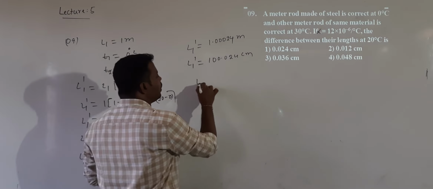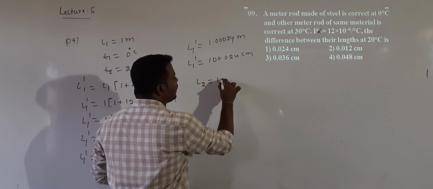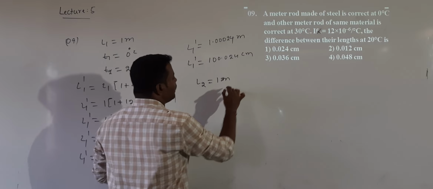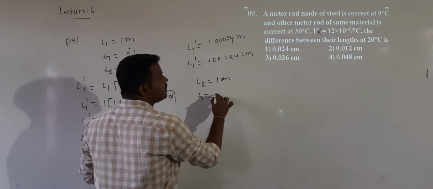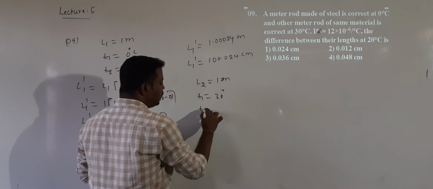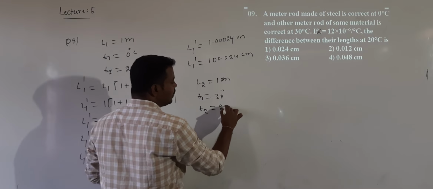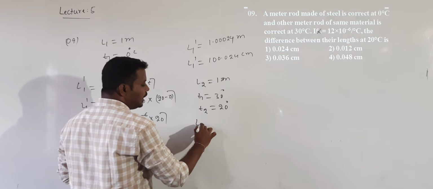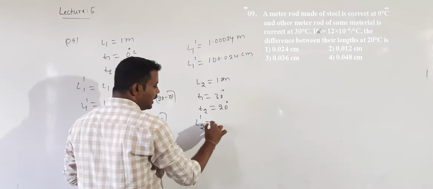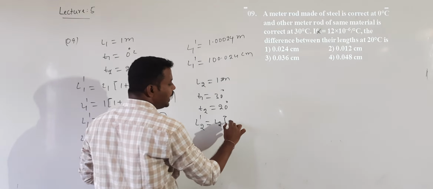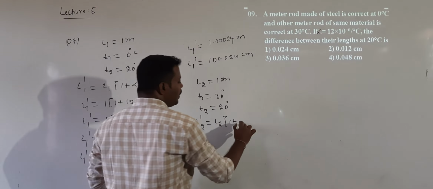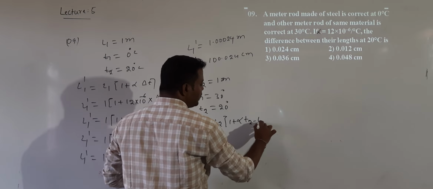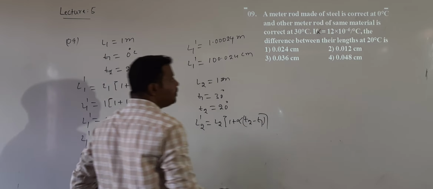Similarly for the second rod, L2 value is given as 1 meter. T1 value is given as 30 degrees. T2 value is given as 20 degrees. So what I want to calculate is the final length, L2 dash, which is equal to L2 into 1 plus alpha into T2 minus T1. Correct?